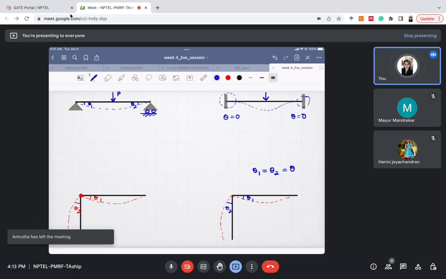And this angle here will always be 90 degrees. Since it is a rigid joint, the angle was 90 degrees before, and after deflection the angle will remain the same, 90 degrees.